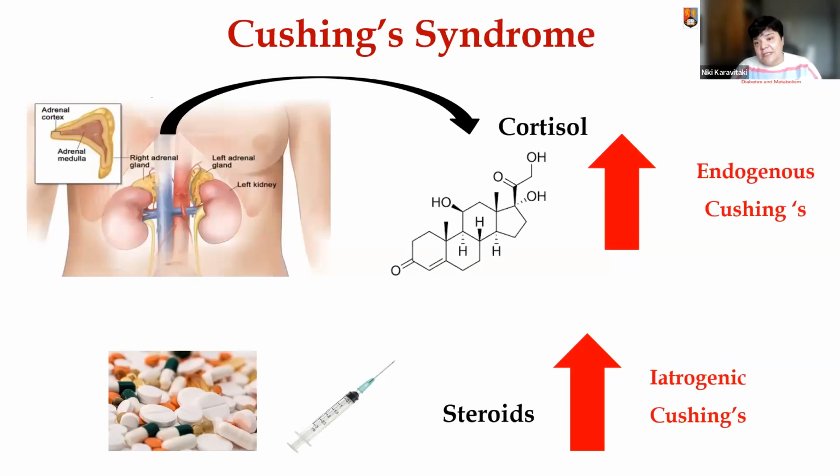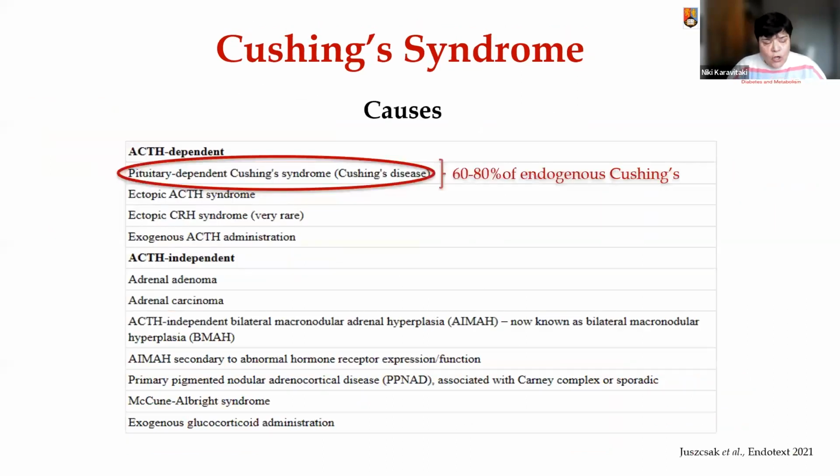So, what is Cushing's? Of course, we all know Cushing's is too much steroids in the blood. We have the endogenous Cushing's, where the too much cortisol comes from the adrenal glands. And we have the iatrogenic Cushing's, in which various steroids are offered through various routes, and they end up causing the classical clinical picture of Cushing's. In terms of causes, it is divided into ACTH dependent and ACTH independent.